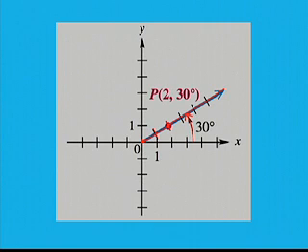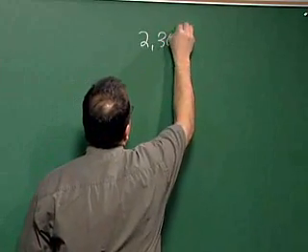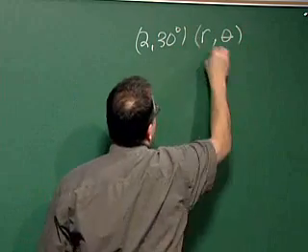So, what we need to do is convert that to its rectangular form. So let's take a look at what that would be. So what we have is 2, 30 degrees, and that's our r, theta.